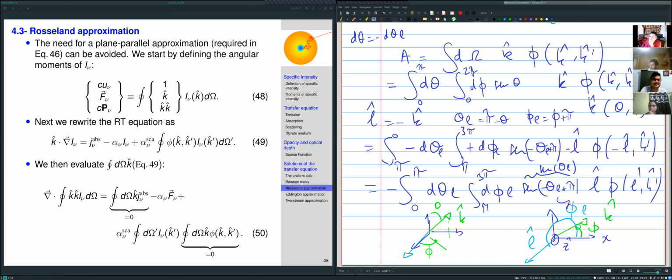All right. Do we agree on this? Yes, I see it. Okay, and so this is almost what we want, except that the limits of integration of phi are shifted by pi. So, okay, we remember that this is another function.